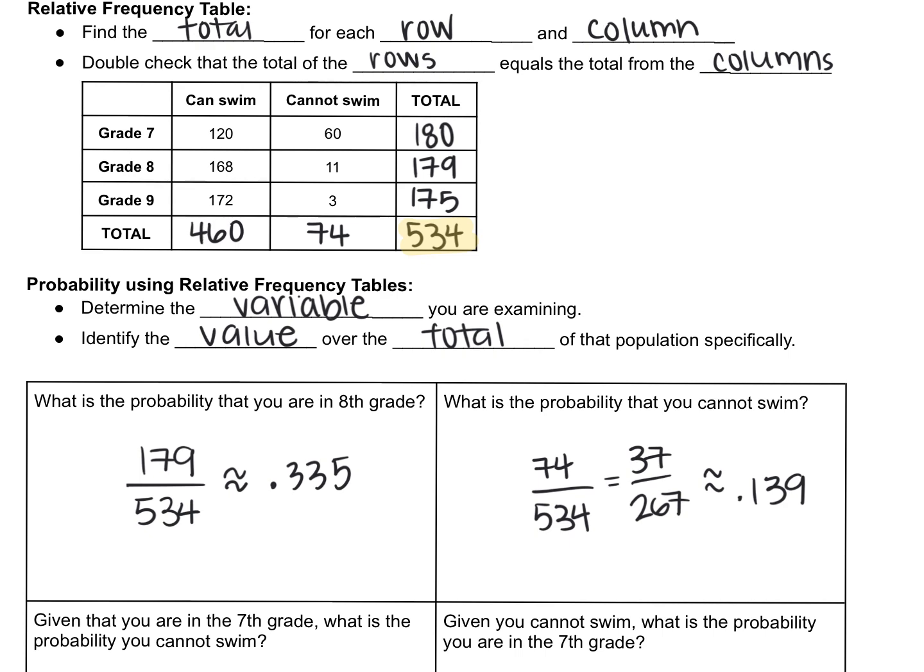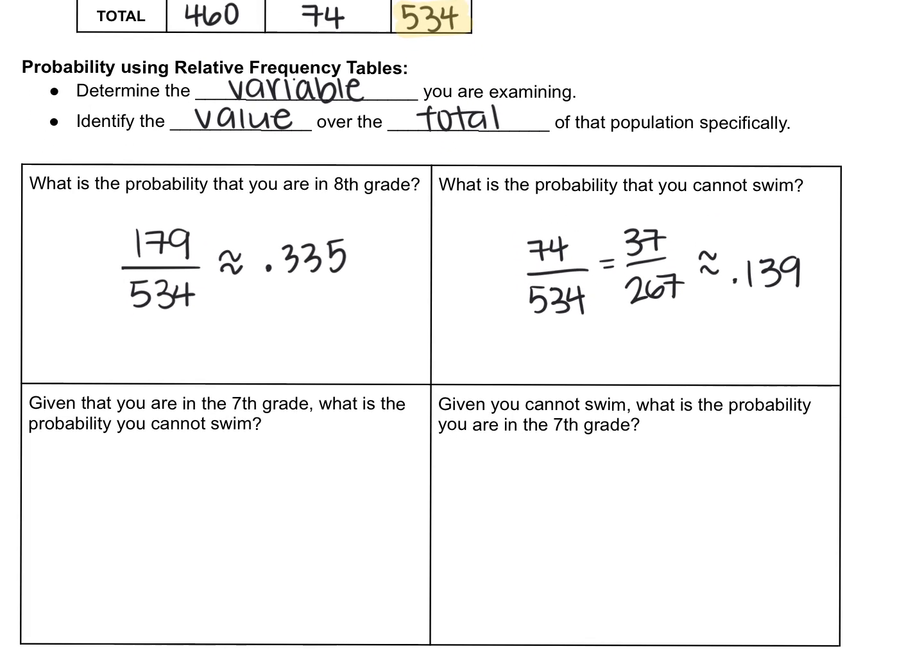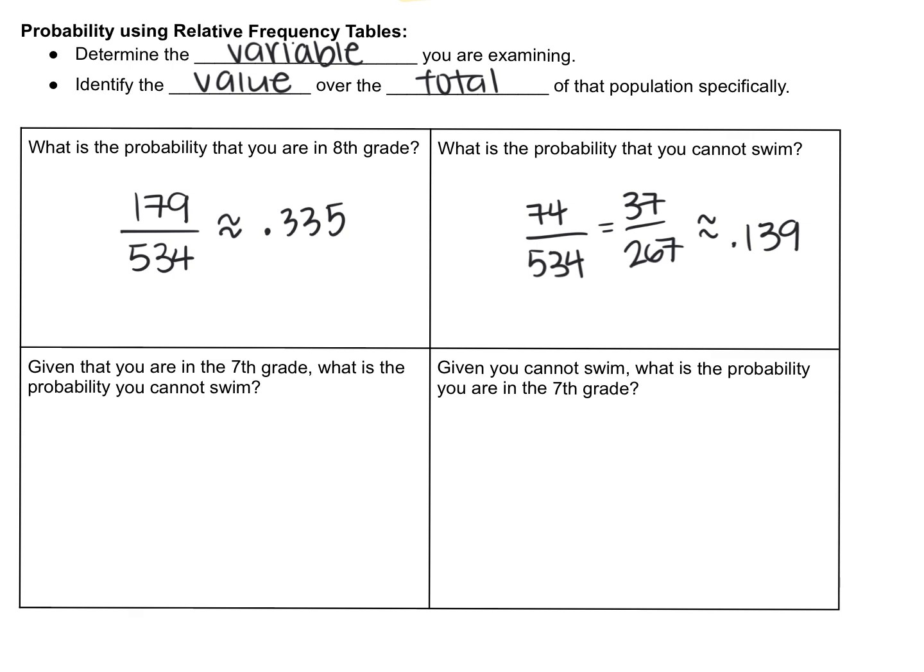You can also restrict your totals to a specific row or column. So for example, the word given restricts you to a specific row or column. So given is a term that you look for, and whatever variable comes afterwards is the row or column that you're restricted to. So given that you're in 7th grade, what is the probability you cannot swim?